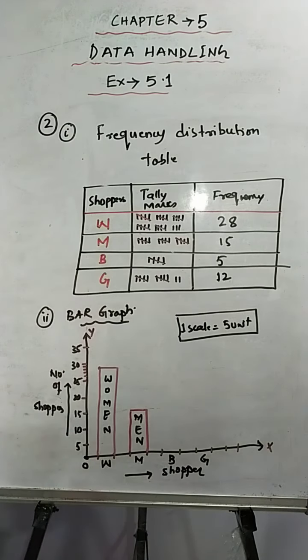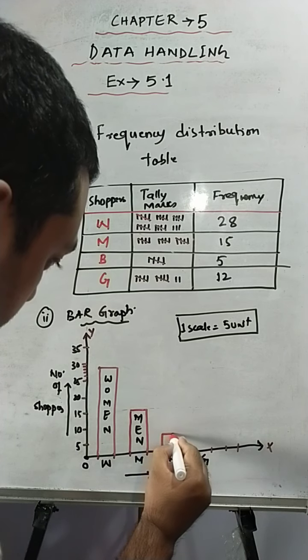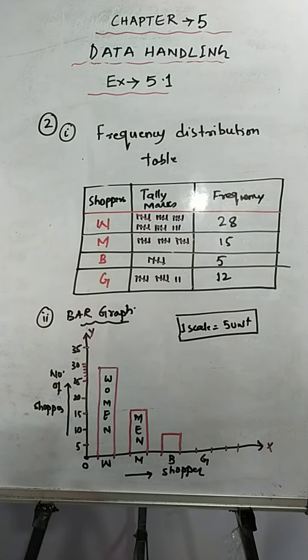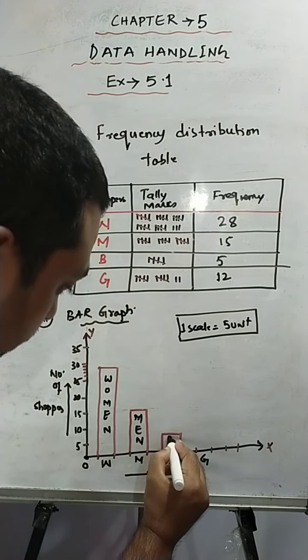Now how many boys are there? Only 5 boys. So we'll write it here. Only 5 boys, so we'll write boys, B-O-Y-S. Okay, please try to fit. And what about girls? How many girls are there? 12.